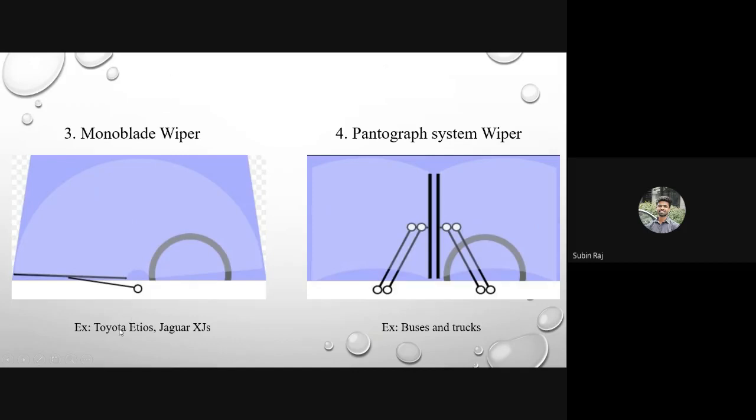This is mainly used in Toyota Etios, Jaguar, etc. The fourth one is called the pantograph wiper system. This type is mainly used in buses and trucks, where the windscreen is very large. In most lorries you have seen, there are two windscreens, right side and left side. At that time, these kinds of wiper systems are used.